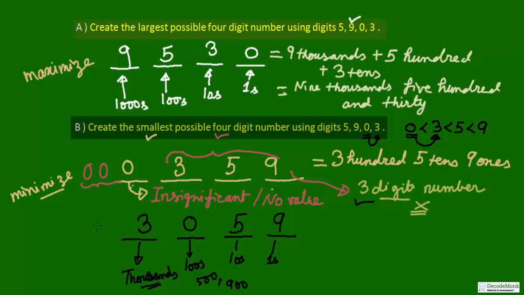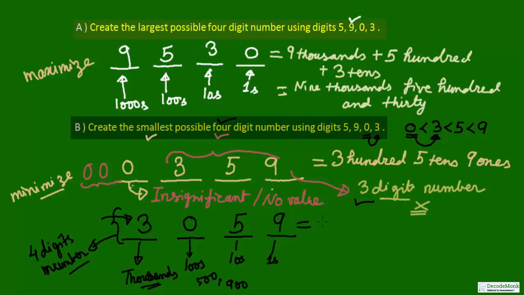So please remember, the concept here is that we put the number just higher than 0 at the thousands place to make this number a 4-digit number, because if you put 0 at the thousands place, this is going to be a 3-digit number. By putting 3 at the thousands place, we are making it a 4-digit number. And obviously this is asked in the question, so please read the question carefully.